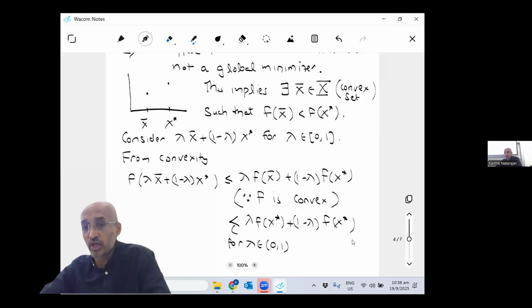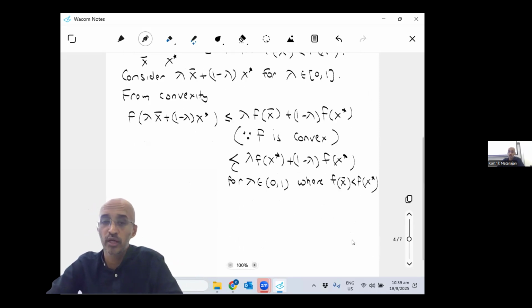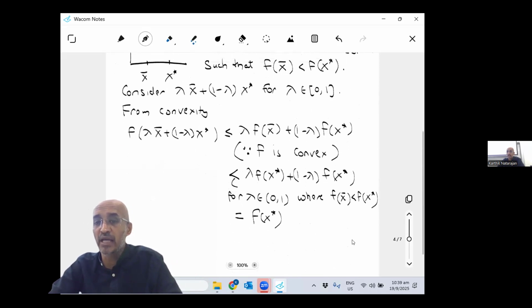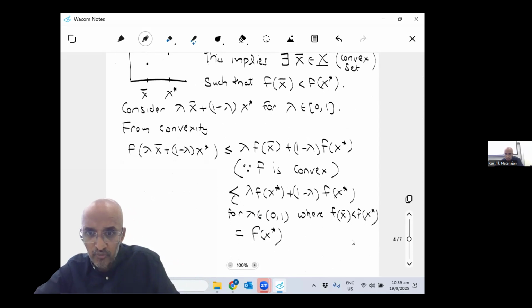I'm using this inequality because I assumed it's not a global minimum. But what is this on my right hand side? This is exactly f of x star.